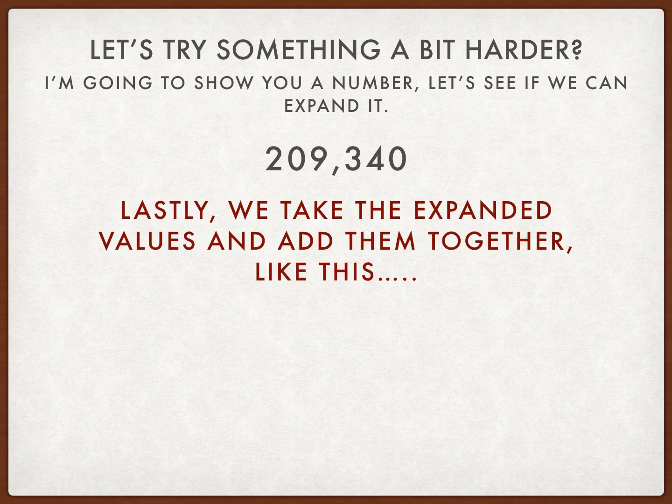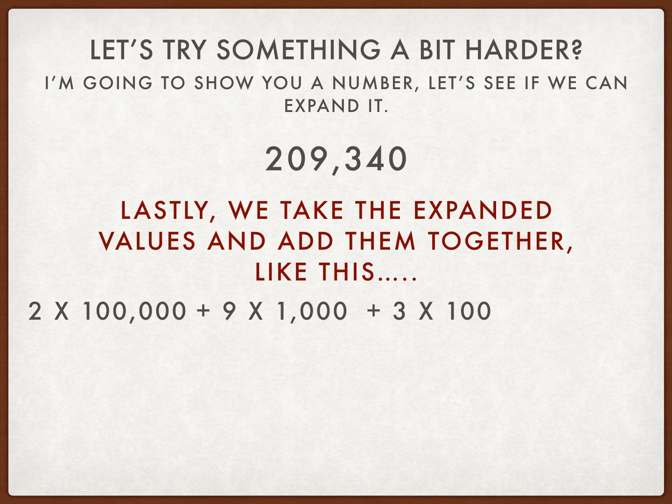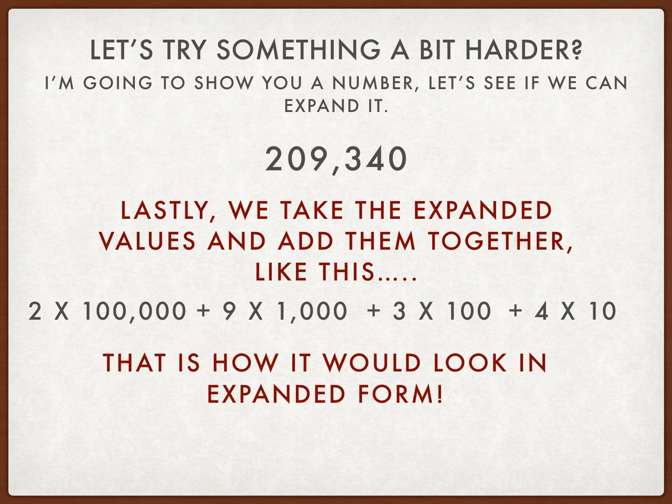Lastly, we have to take the expanded values and add them together like this. 2 times 100,000 plus 9 times 1,000 plus 3 times 100 plus 4 times 10. That is how it would look in expanded form.